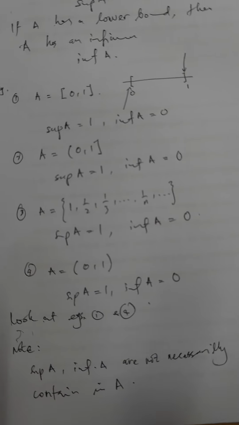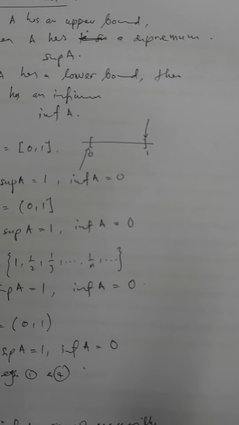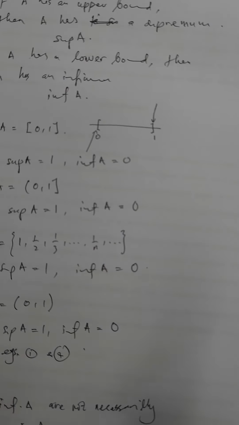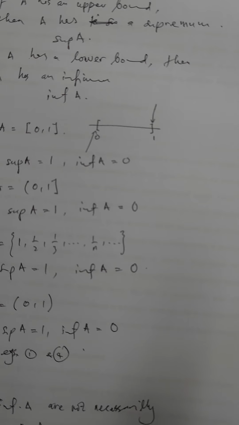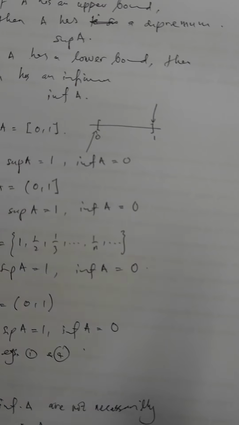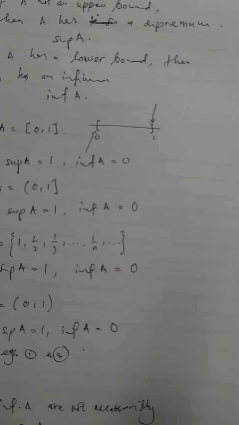So now it is important, let me stress again, the supremum and infimum. As I mentioned earlier, we begin with the concept of boundedness of the sequence. Then we introduce the upper bound and lower bound, where none of the elements of the set or sequence exceed the upper bound or are smaller than the lower bound.